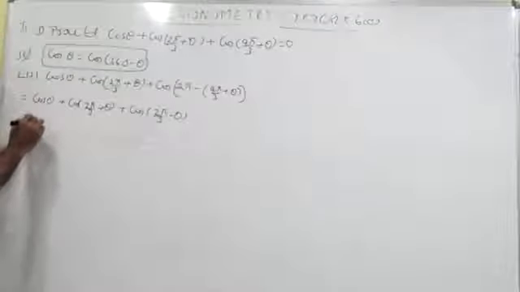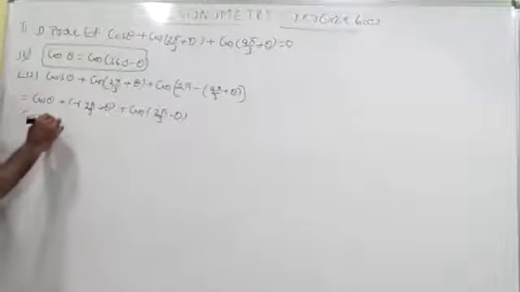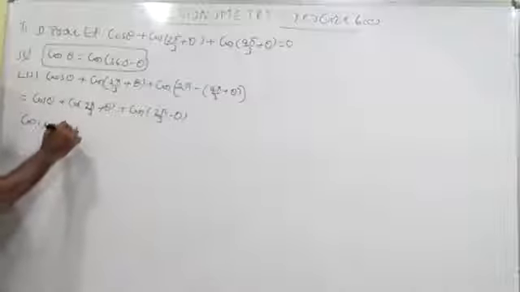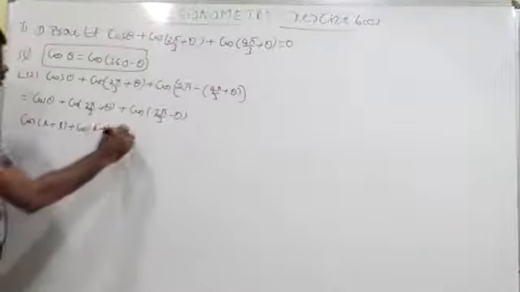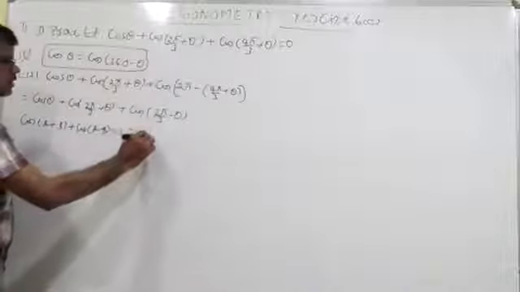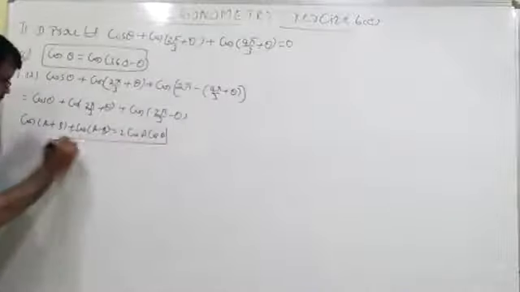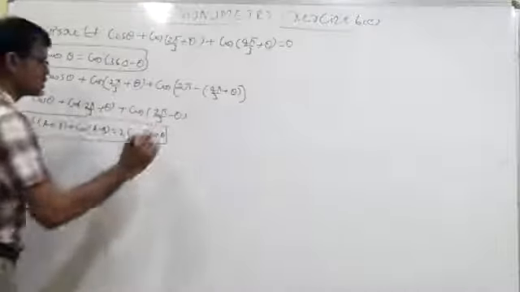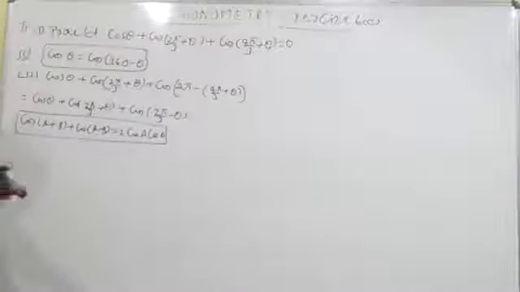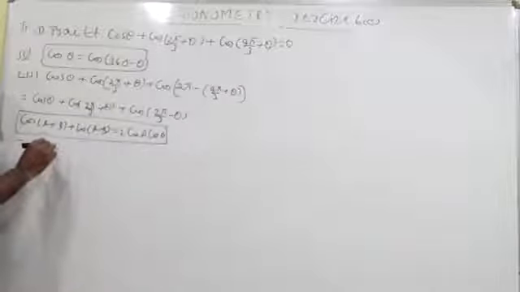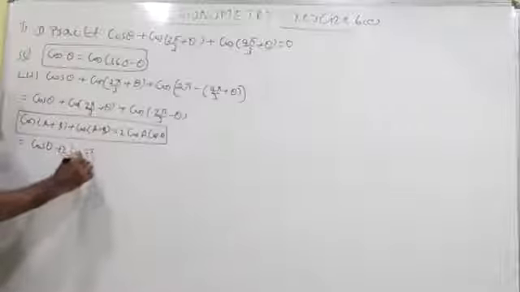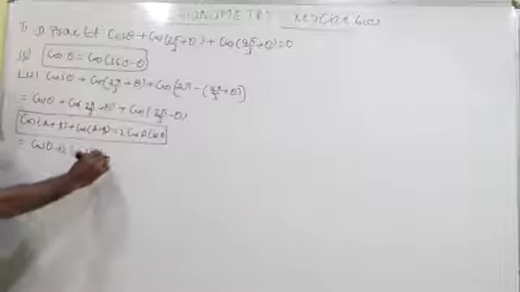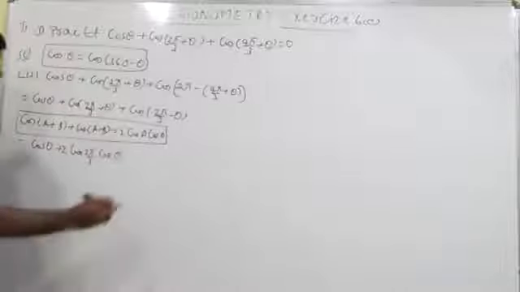Now the transformation formula: cos of A plus B plus cos of A minus B we have learnt as 2 cos A cos B. So this is cos theta plus 2 cos A, meaning here 2 cos 2 pi by 3 into cos B, meaning cos theta.